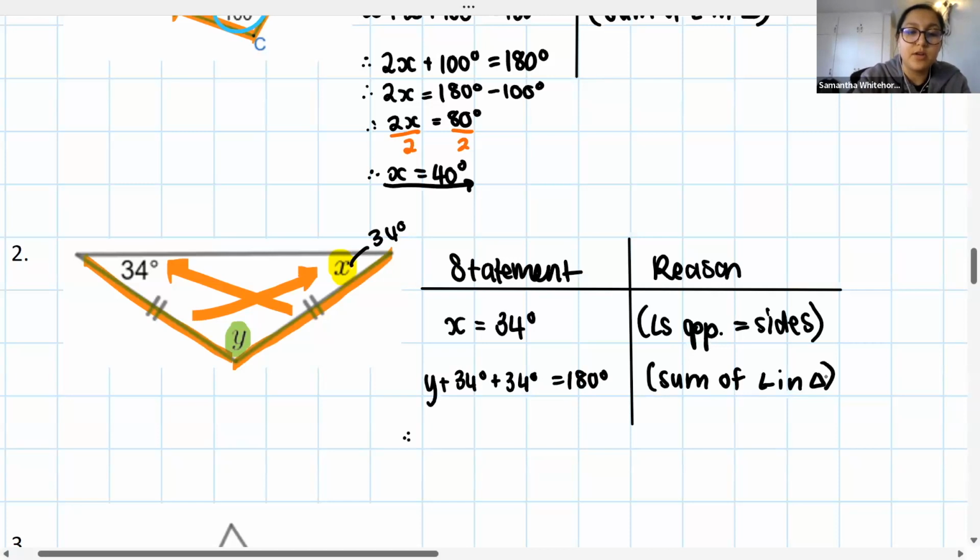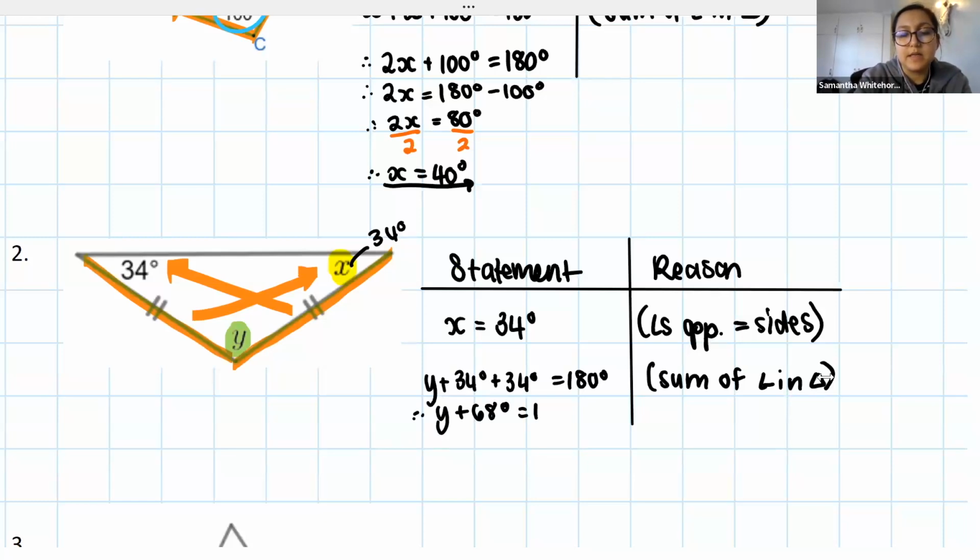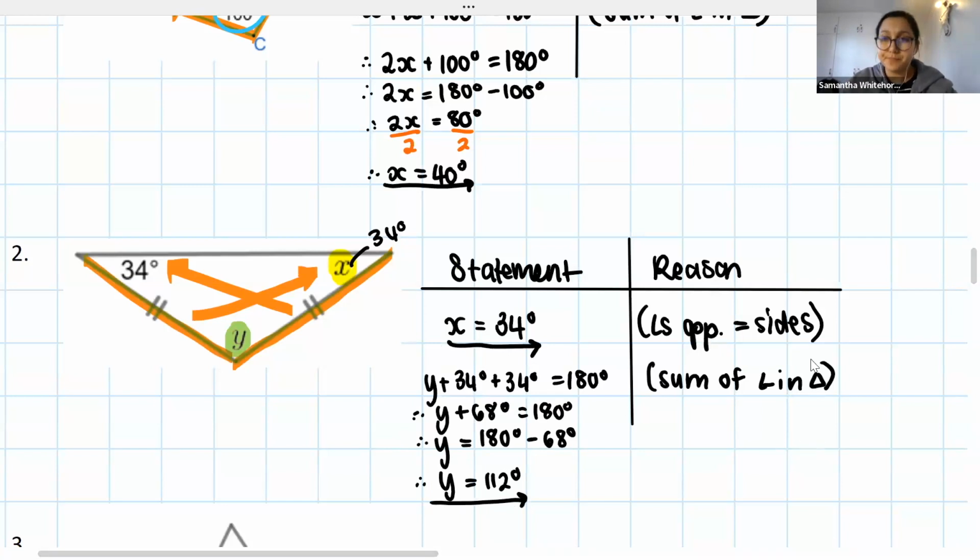Now 34 plus 34 is 68. So y plus 68 is equal to 180. We're going to use our inverse operations and subtract 68 on both sides. And so that tells me that y is equal to 112 degrees. So I got x, I got y, all through using my geometry reasons.